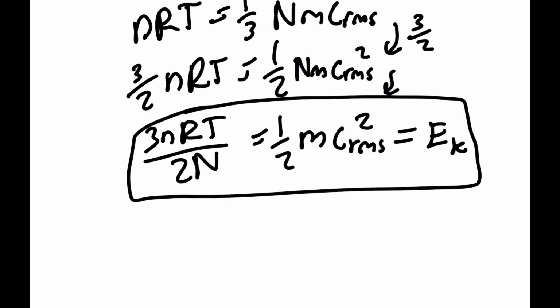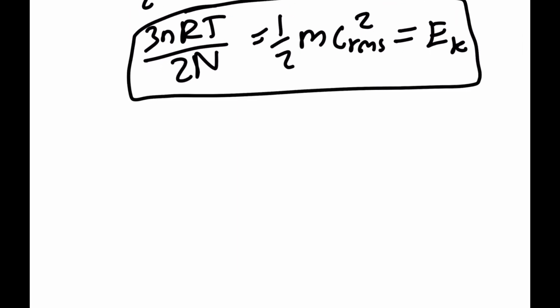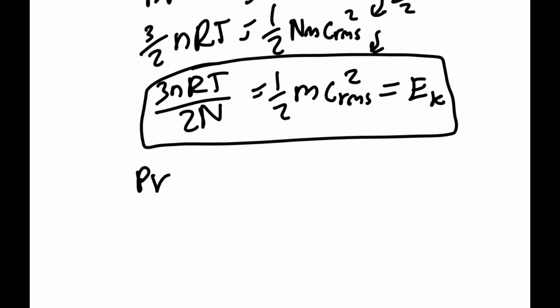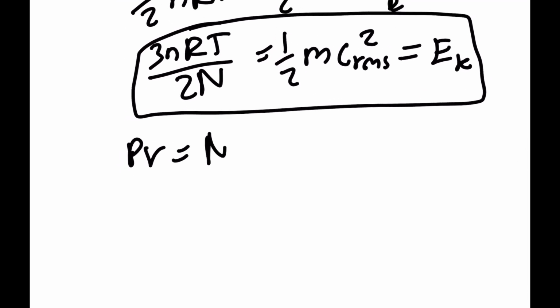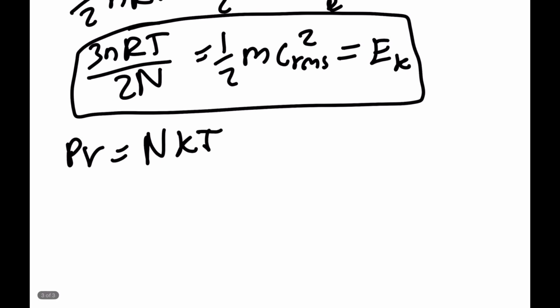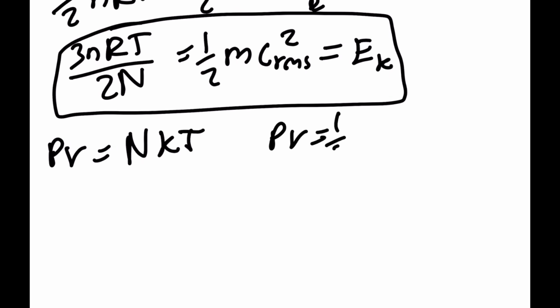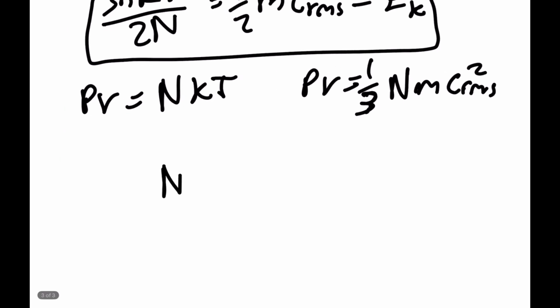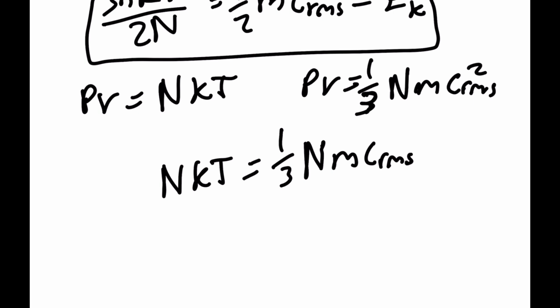We can also do this with the other form of the equation we had. So PV is equal to NkT, and PV is equal to a third N m c_rms squared. If we equate these, NkT is equal to a third N m c_rms squared.